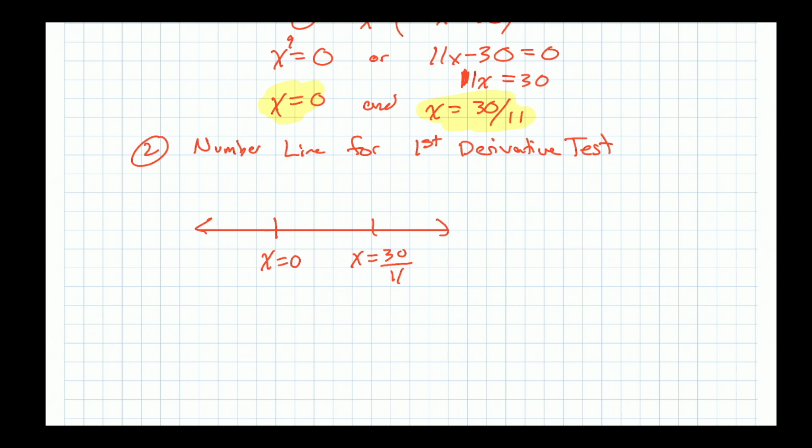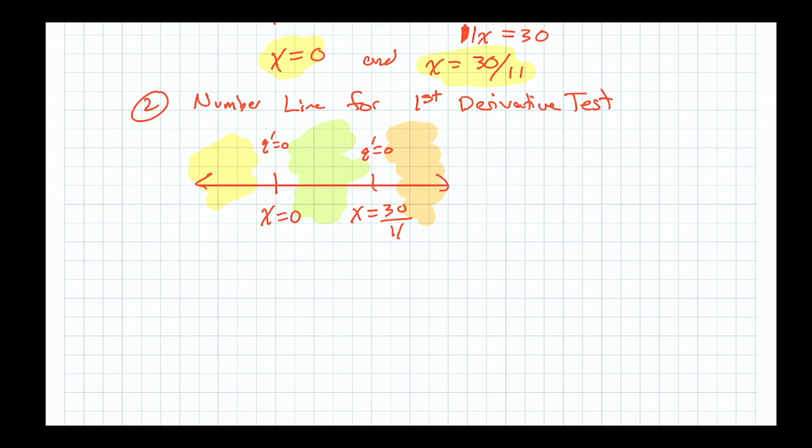There are now three intervals. I should label this, right? Q prime equals 0. Q prime equals 0. Three intervals to worry about. This one. This one. This one. Three intervals. So let's find the sign in each interval.